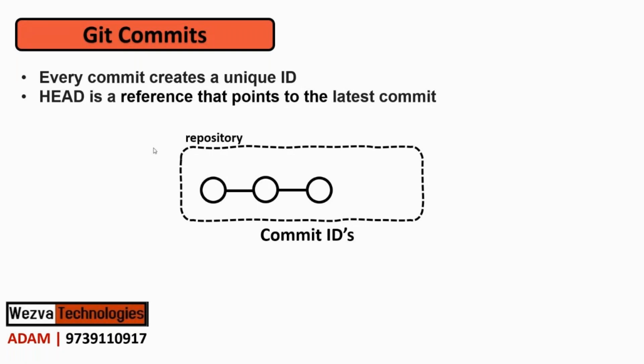Every commit ID is 40 characters long. And whenever we talk about commit IDs, you always have the tip of your commits.